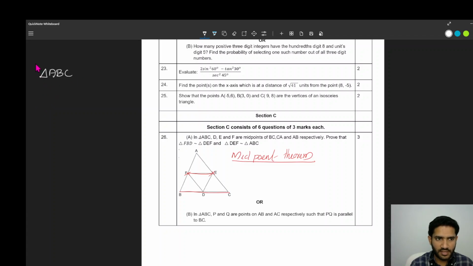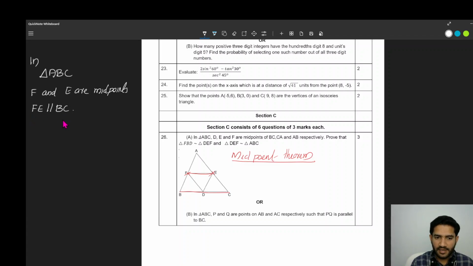and in triangle ABC, F and E are midpoints. So by midpoint theorem we can say that FE is parallel to BC.